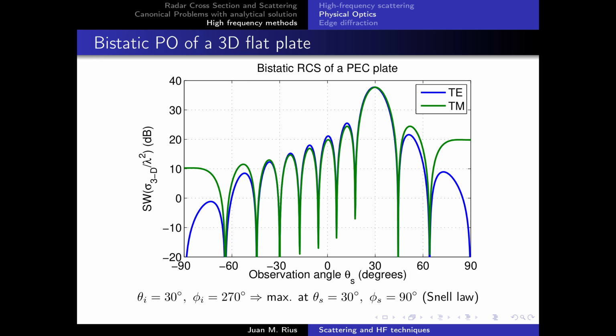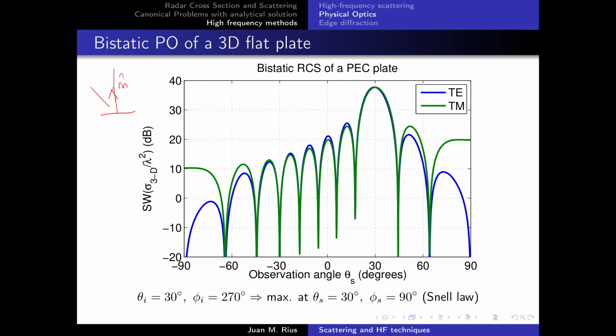Well, the plots for the previous results are these. Again, we have the maximum in the specular reflection direction. Here the direction of incidence is 30 degrees with respect to the unit normal.